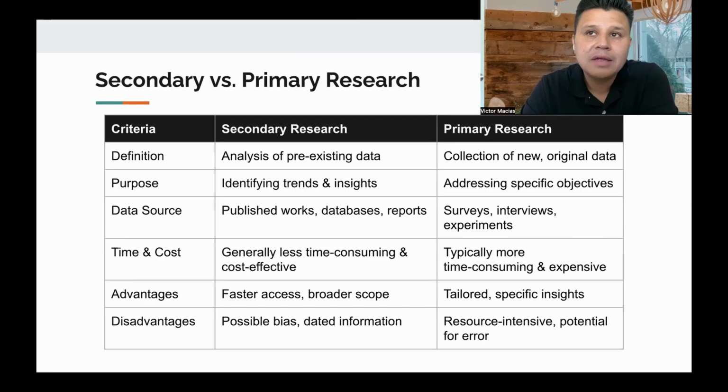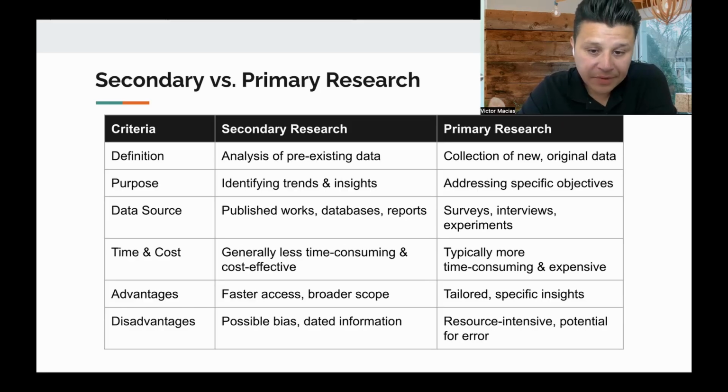A lot of data research companies will publish press releases that give you high level data. Then they want you to buy the report itself, but there's a lot of free data out there. It's less time consuming and cost effective. Like I mentioned, it's broader scope. So sometimes some of the challenges you'll run into is it's a couple of years behind what you're looking for.